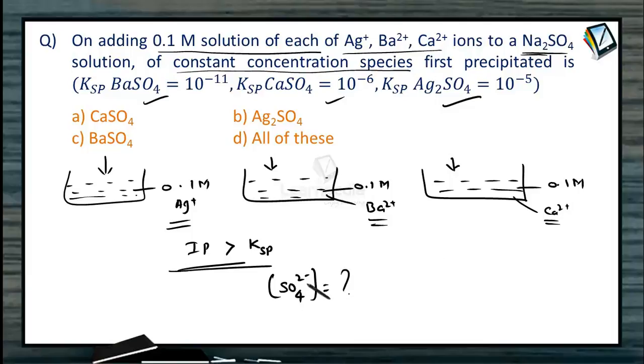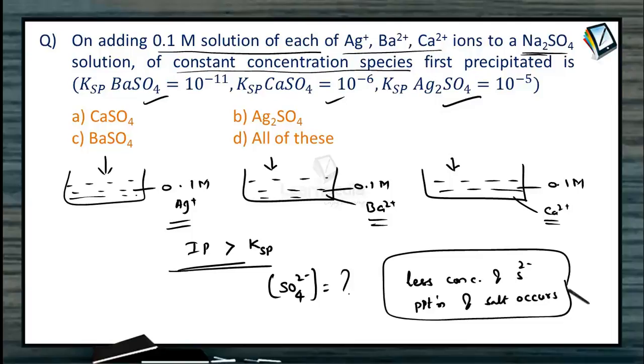In whichever case the concentration of sulfate ion required is less, the precipitation of that salt occurs first, which we need to work out. So let us calculate the concentration of sulfate ion needed in each case.